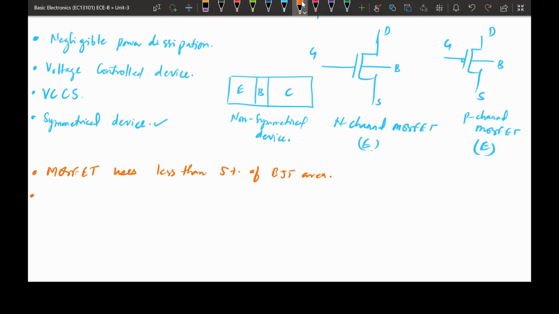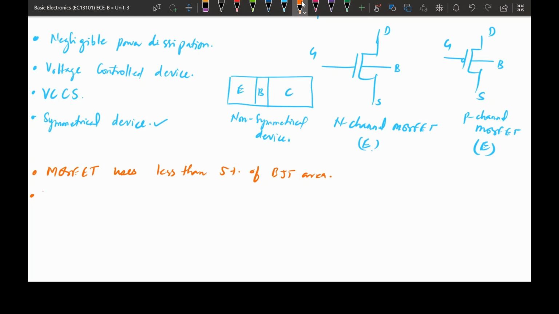So there is a very large difference in area. This MOSFET is very much smaller in comparison to BJT. So if MOSFET is very much smaller, the chips made by MOSFETs will have higher density.